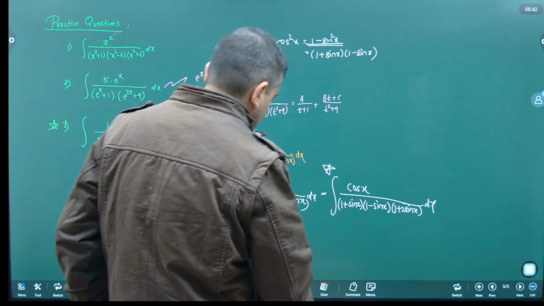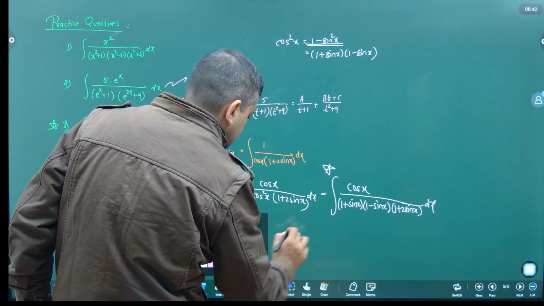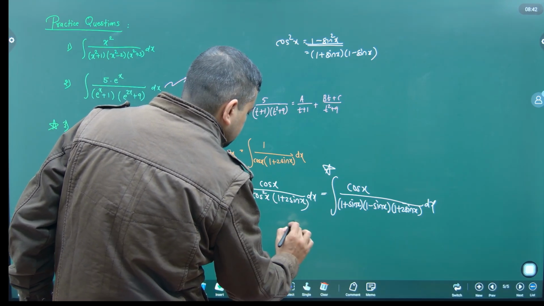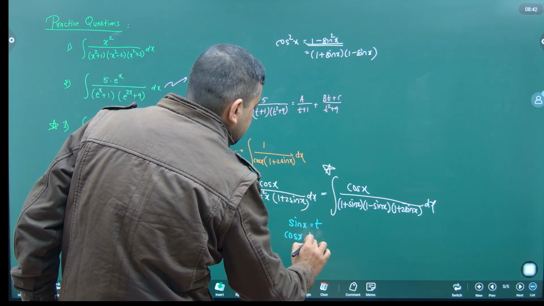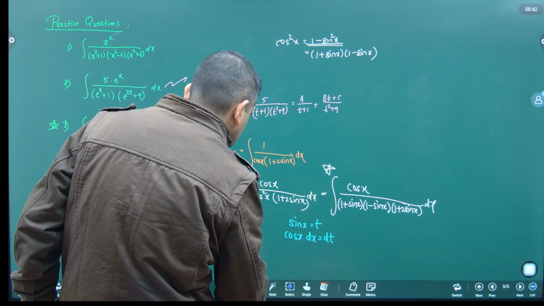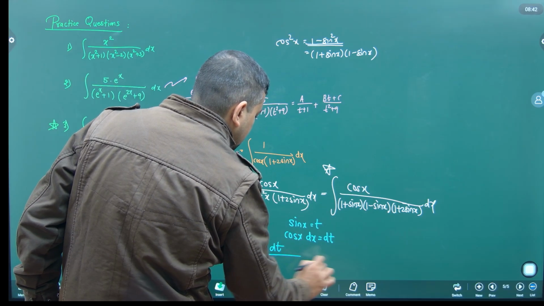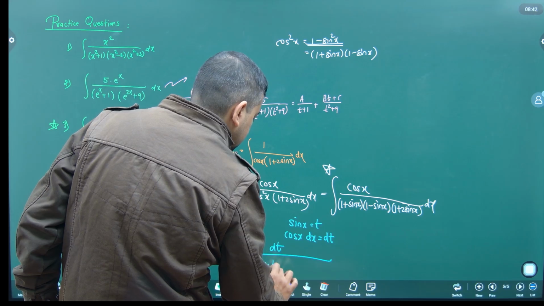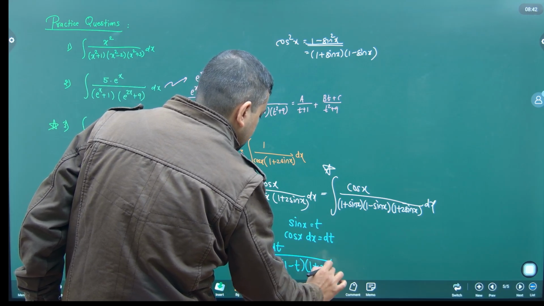I will put sin x is equal to t, cos x dx will be equal to dt. So my example becomes: I have to find out dt upon (1 plus t)(1 minus t)(1 plus 2t).